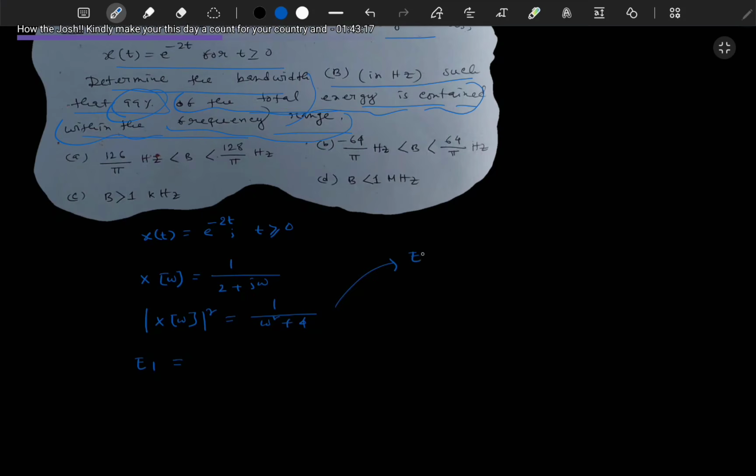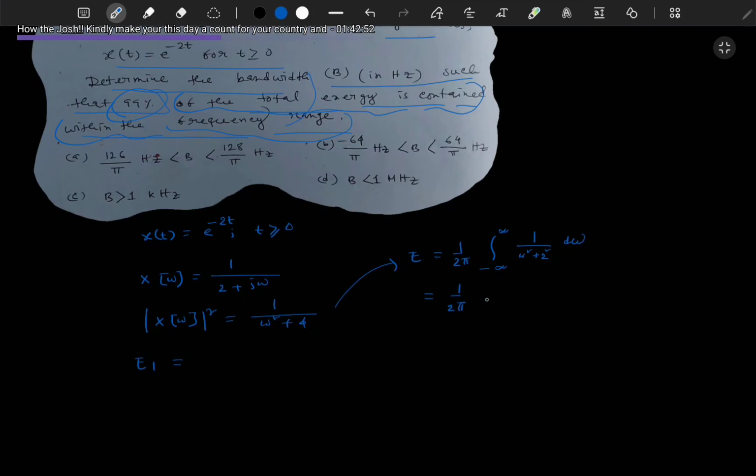So energy will be 1 by 2 pi integration from minus infinity to infinity of mod of X(omega) square, that is 1 over (omega square plus 2 square) d omega.